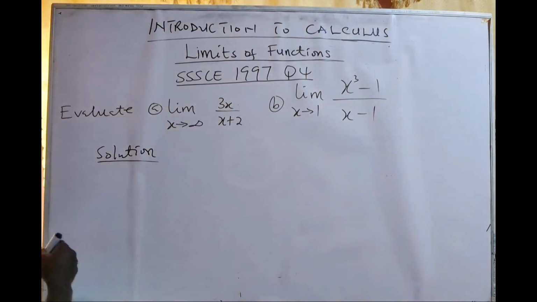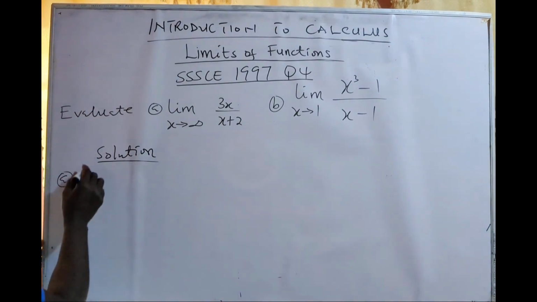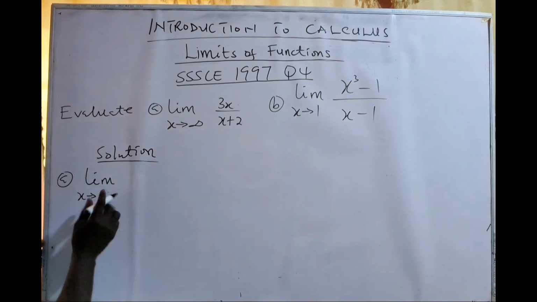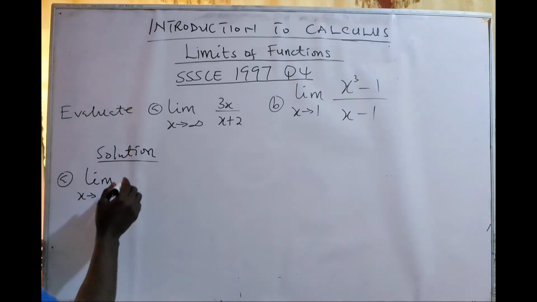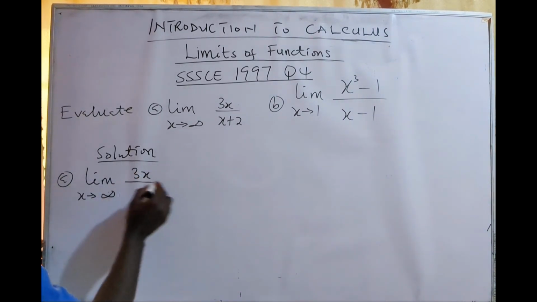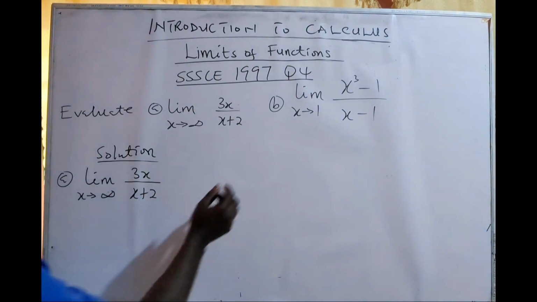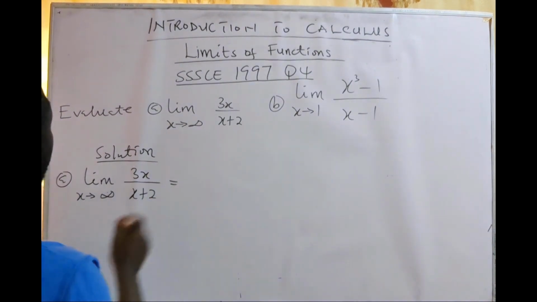Okay, so let's start from the A. The limit as x approaches infinity of 3x over x plus 2. This is so simple.